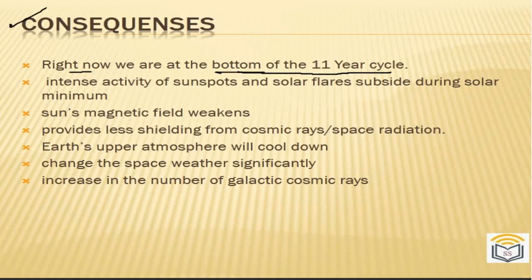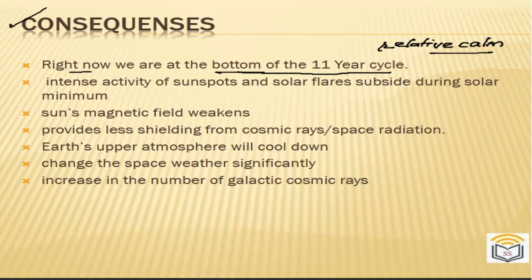The sunspots fade away, bringing a period of relative calmness in the sun. Basically the sun is less angry at this moment, and this period of relative calm is called the solar minimum.